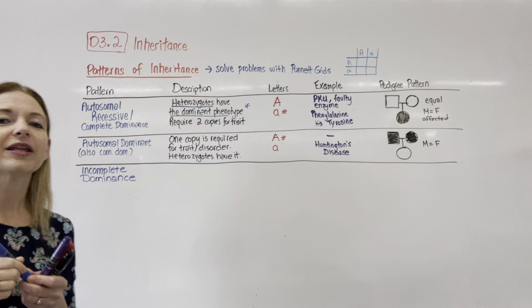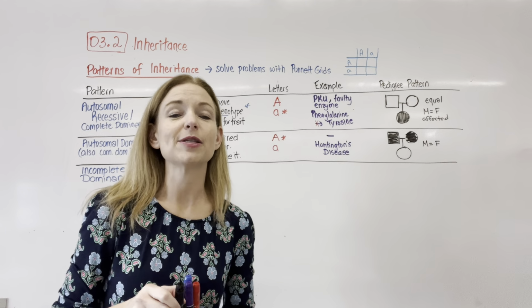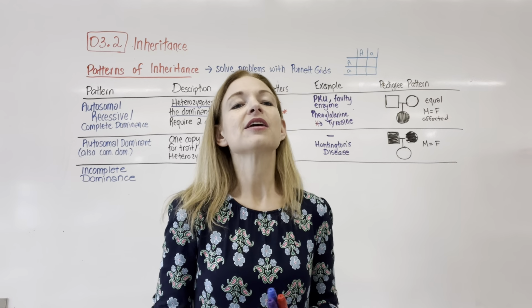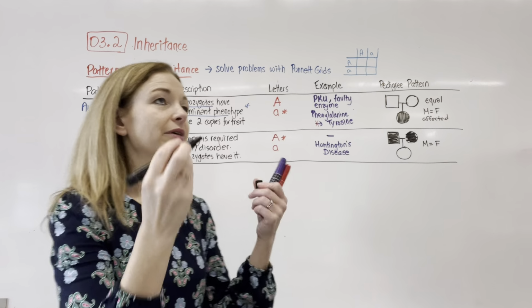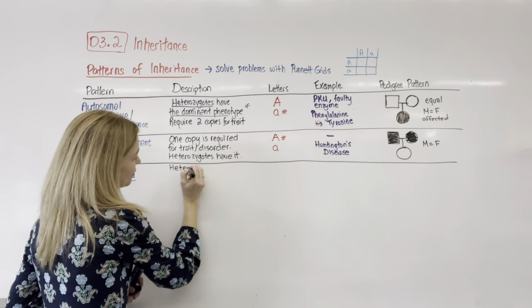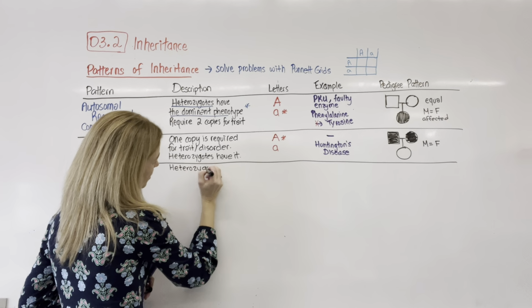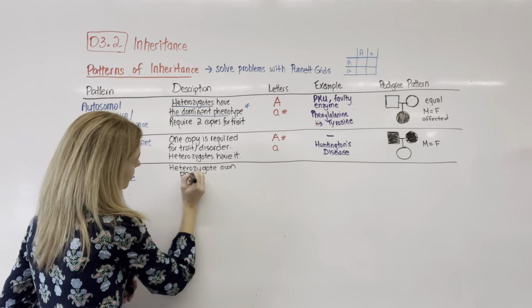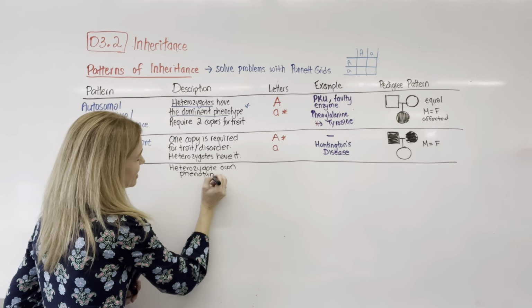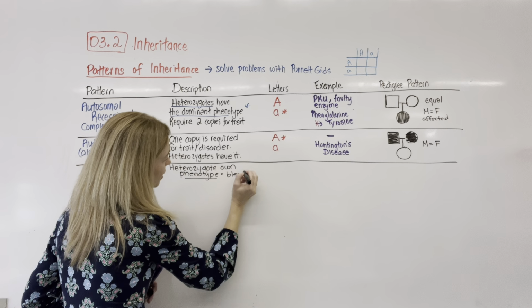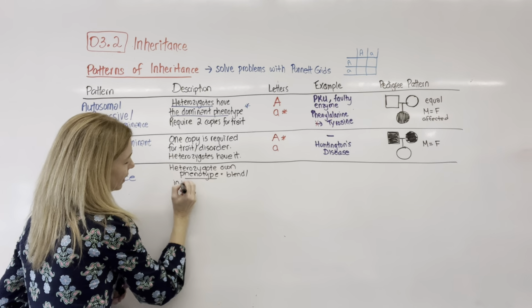So for incomplete dominance and same for codominance, which we'll do next, the heterozygote gets its own trait. So the heterozygote actually gets an extra trait. So the heterozygote has its own phenotype. And in this case, the phenotype is like a blend or an in-between.